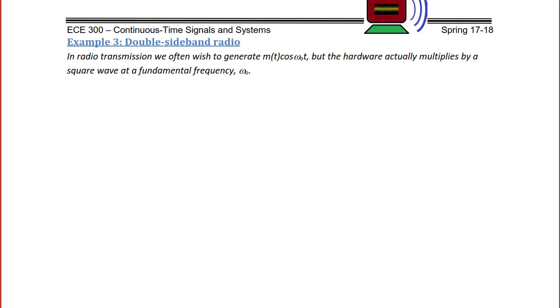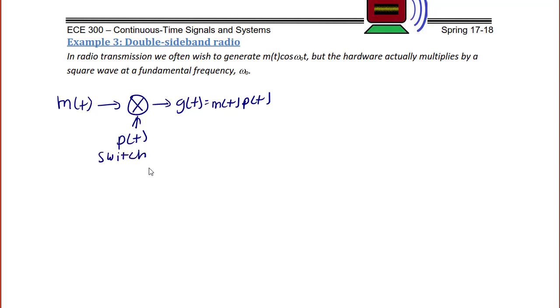So now we're going to look at a different model that uses the pulse train instead of the cosine. So the model looks like this. You have your message signal, m of t, that comes in and goes to the multiplier with p of t, and you generate the output g of t equals m of t times p of t, where p of t is like a switch and has the following shape.